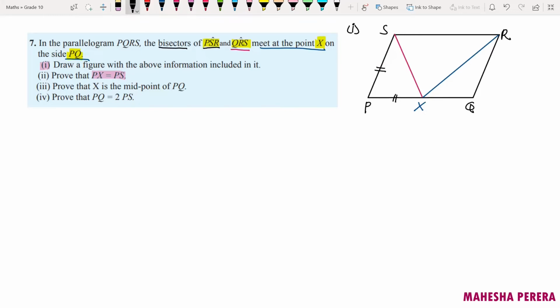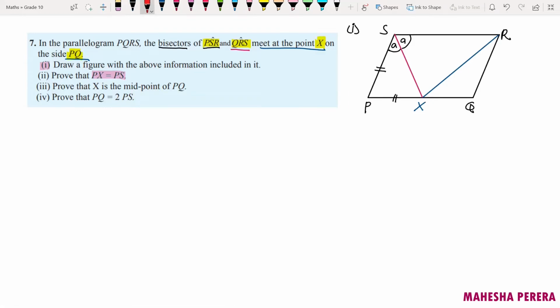Right. Now notice this. If this SX is a bisector, angle bisector of this particular angle, that means this angle and this angle should be equal. If I write A here, this also A, right?